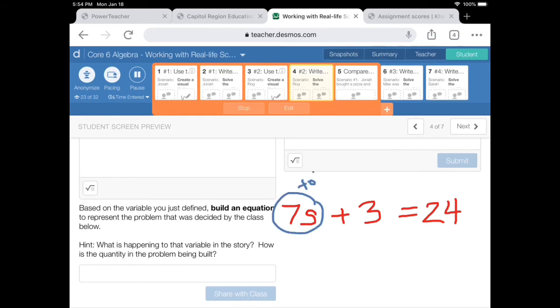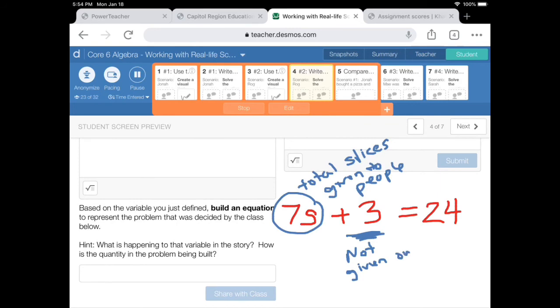Or not divvied up, they were not given out, they were left over. And then here we have our total slices. So in this problem, we're building up the total. So similar problem, but given different information. Let's go ahead and solve that.